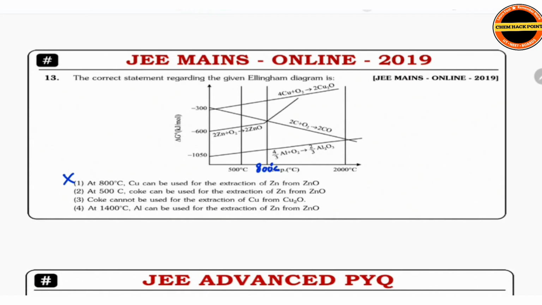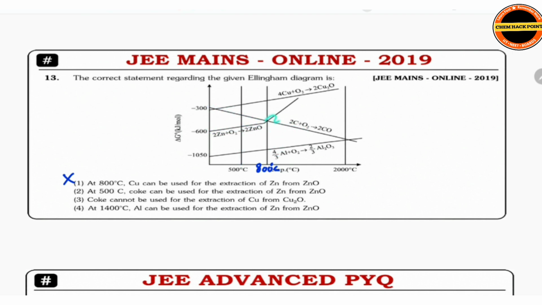At 500 degrees Celsius, coke is carbon. Where is the carbon line? Here. At 500 degrees Celsius, at this point, can coke be used to extract zinc from zinc oxide? At 500 degrees Celsius, the coke line is above zinc oxide.